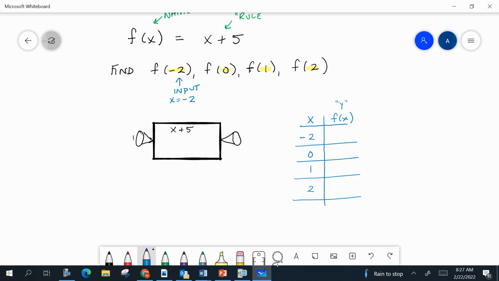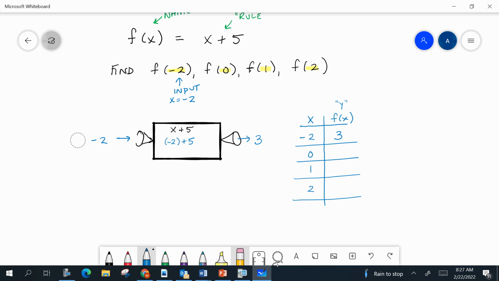Now, let's come over to our function here, and let's suppose that we input x equals -2. So we would plug -2 in for x, -2 plus 5, and we would output 3. And so the outputs are all of the y values.